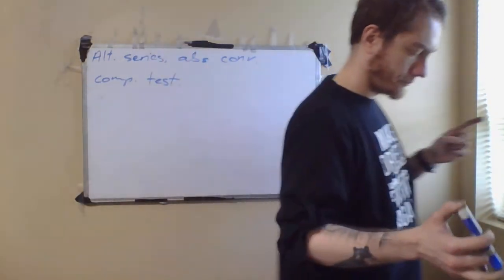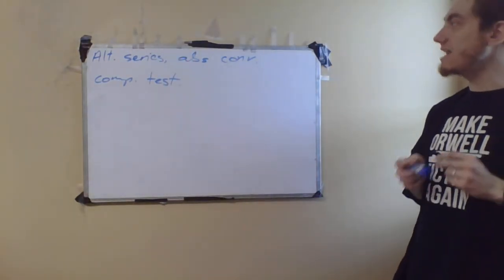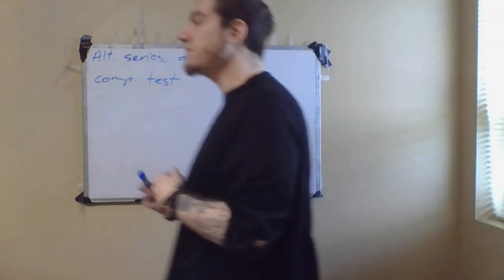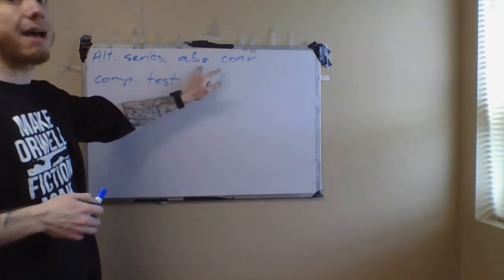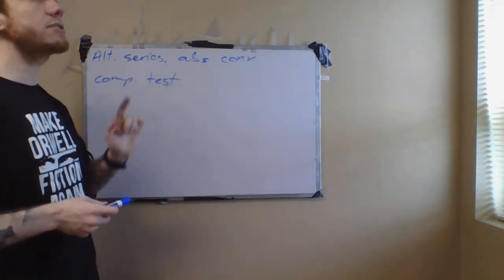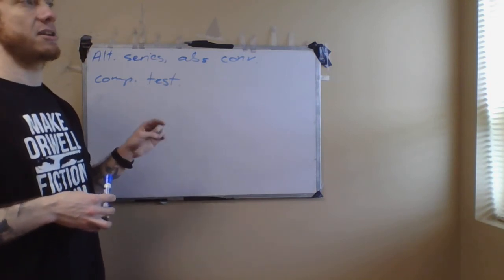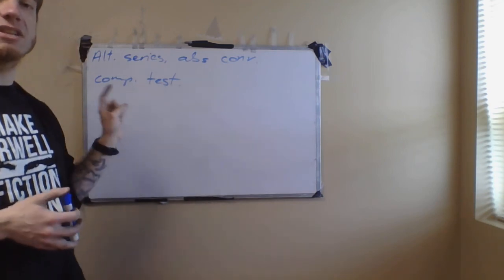So what we're going to want to look at is we need more tests for convergence. And most of these other tests for convergence, it turns out, are actually going to be tests for absolute convergence. The reason is more or less because in a lot of cases, we can only apply them to positive series.